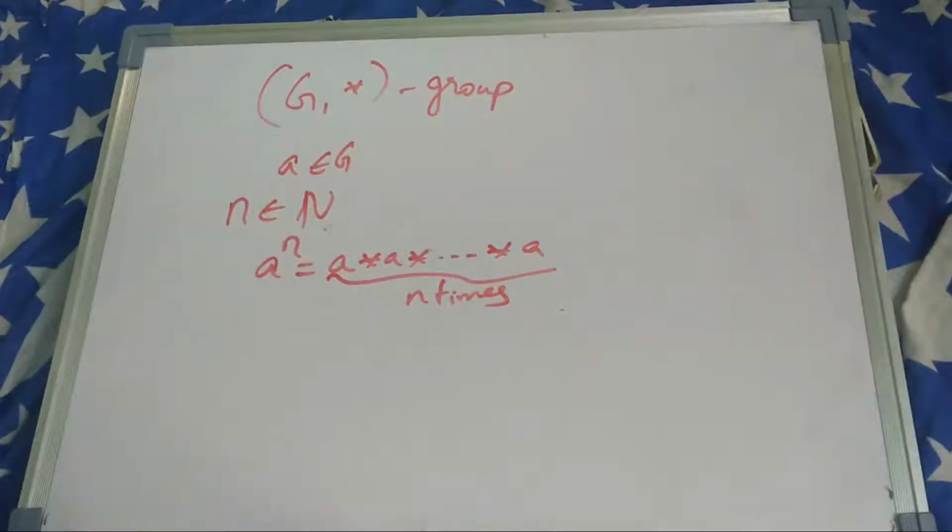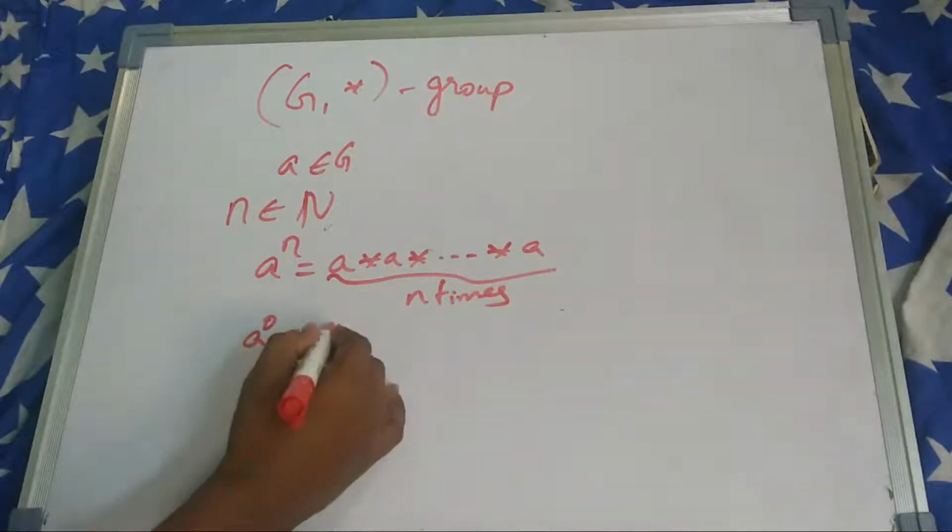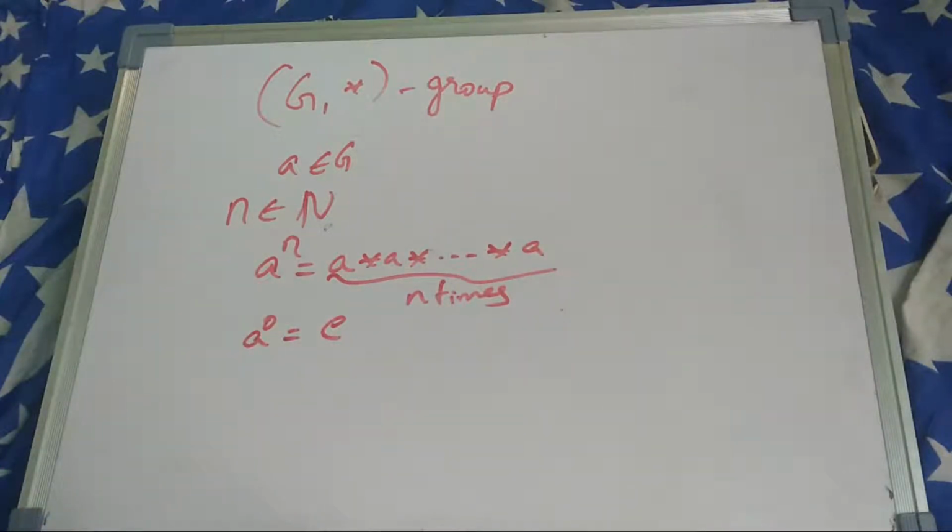That is, we define it this way. That is, A power n will be nothing but A operated n times with itself, depending upon whatever is the operation in the given group. And A power 0 is conventionally defined to be the identity element of the group.